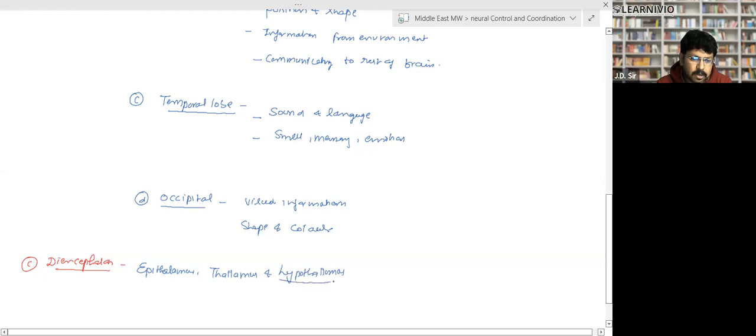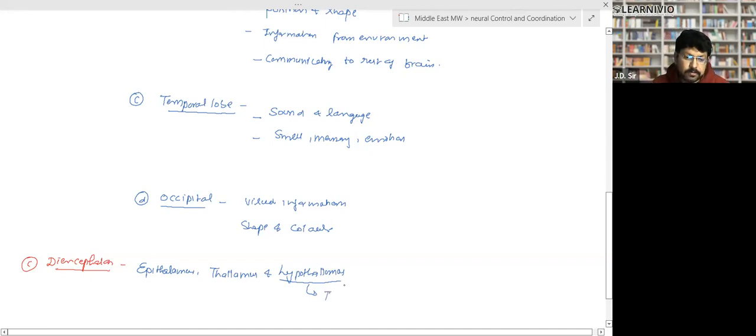Hypothalamus is called the thermoregulatory center, which controls the body temperature.